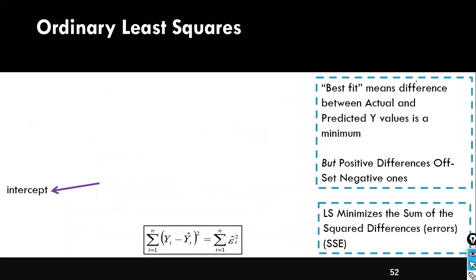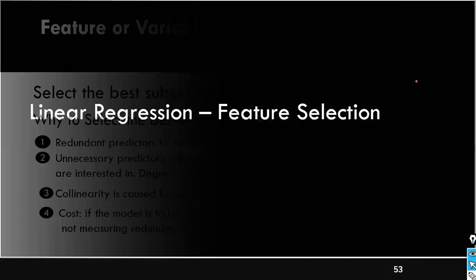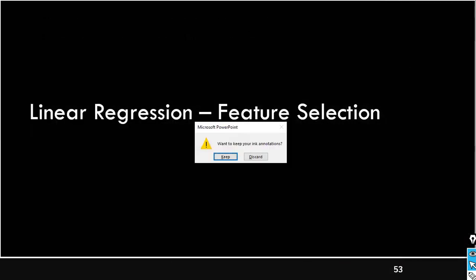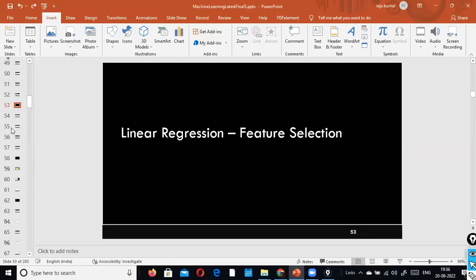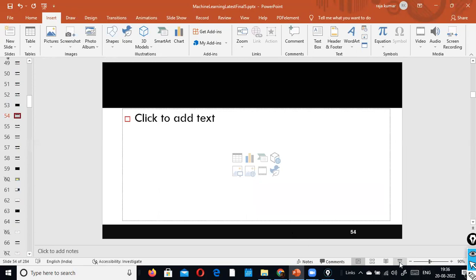Before we jump into feature selection, I will take a quick digression and explain, in a real-time scenario, how we train the model. Supervised machine learning model, how do we train them? You have the linear regression model.